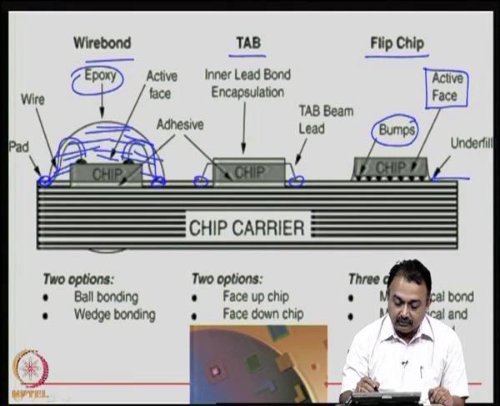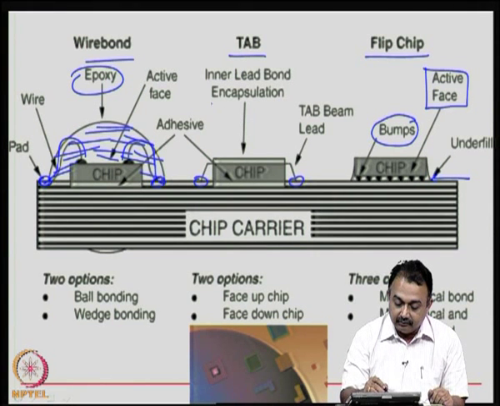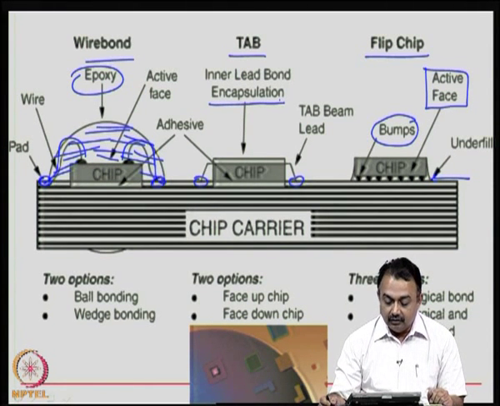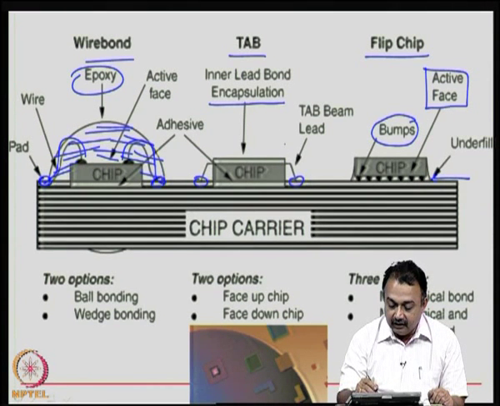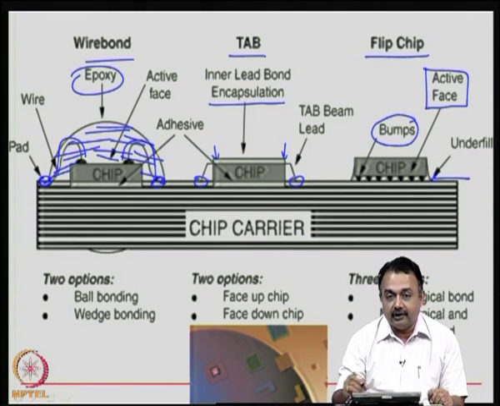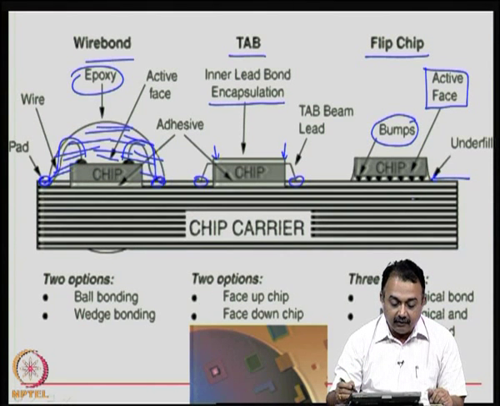In the second also, once the leads are connected to the substrate, we also encapsulate the chip, okay? But in this case the encapsulation is done only for the inner leads. The inner leads are present here, the outer leads are on the substrate. So, this is the minor difference between wire bonding encapsulation and tape automated bonding encapsulation.